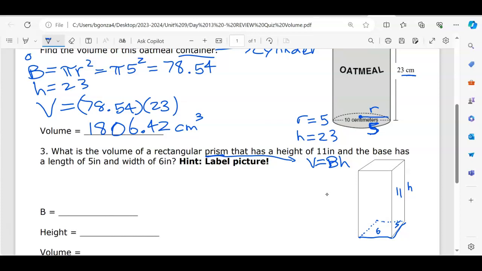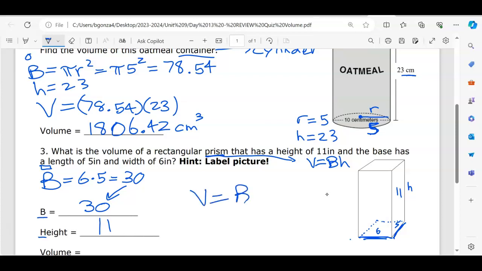So the big B, area of a rectangle on the bottom, you're just going to multiply the 6 times the 5. And that gives me 30. So big B is 30. The height we already said is 11. So once I know B and I know H, volume is equal to BH. So it's going to be 30 times 11, which is going to equal 330.